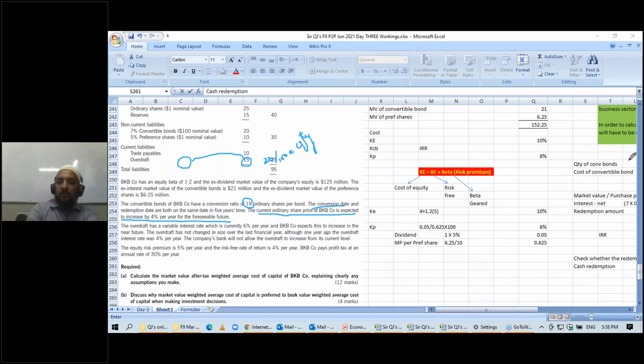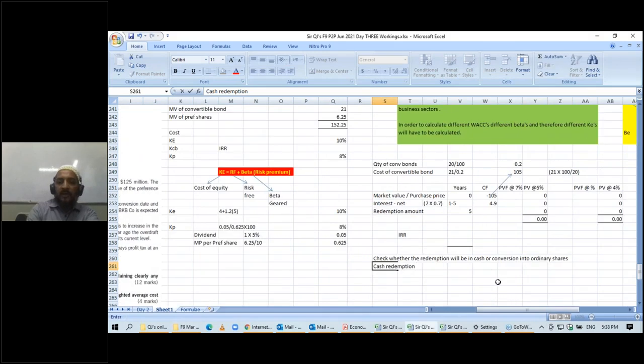Okay, so let's continue with the convertible bonds working cost of debt. So let's check. So cash redemption is of $100, and value of shares, value of 19 shares in fact against each bond in 5 years.